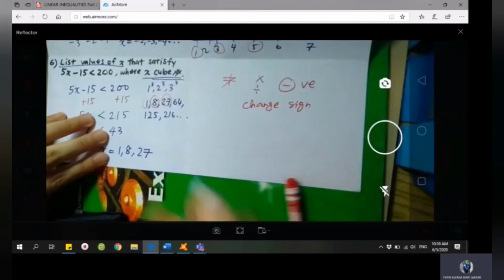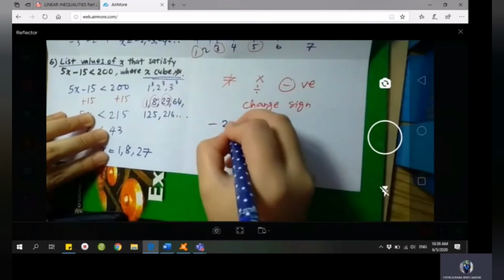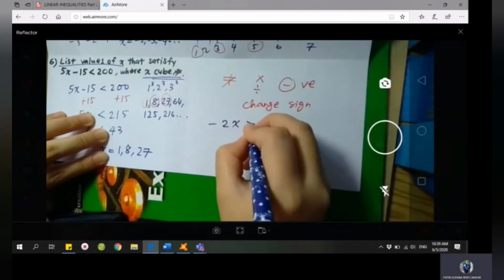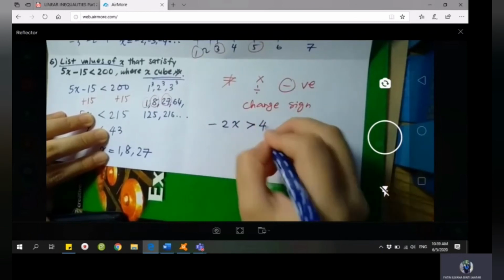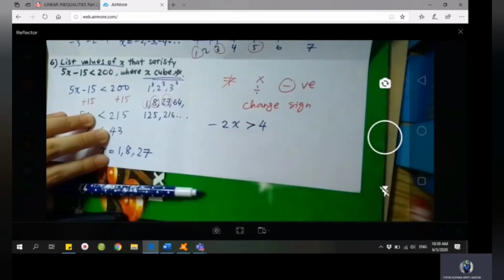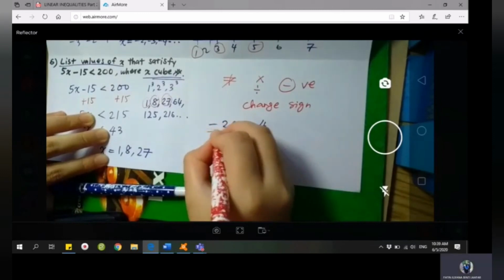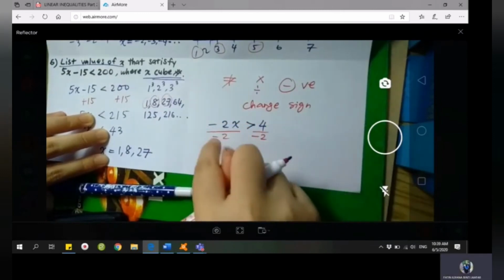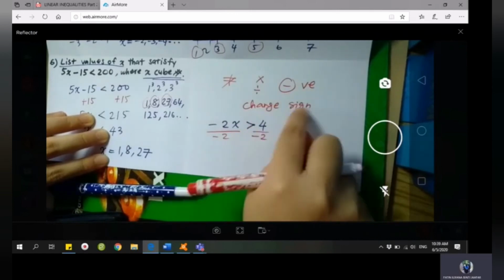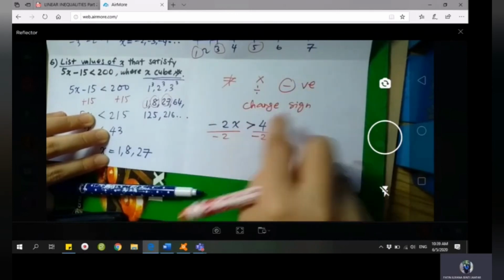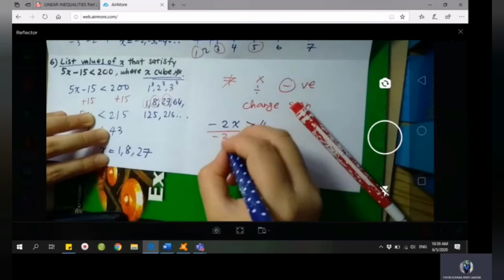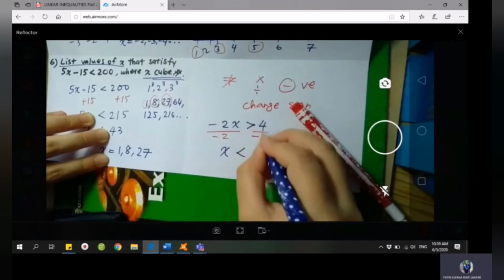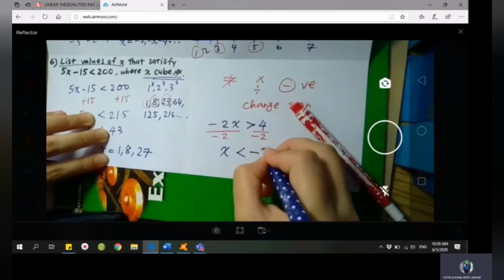Contohnya negatif 2x more than 4. Okay, so kat sini kita nak get rid negatif 2 kan. So kita akan bahagi negatif 2 bahagi negatif 2. Okay, so bila divide negative number, our sign ni kena tukar. So jawapan kita nanti akan dapat x less than 4 bahagi negatif 2, negatif 2. Okay.